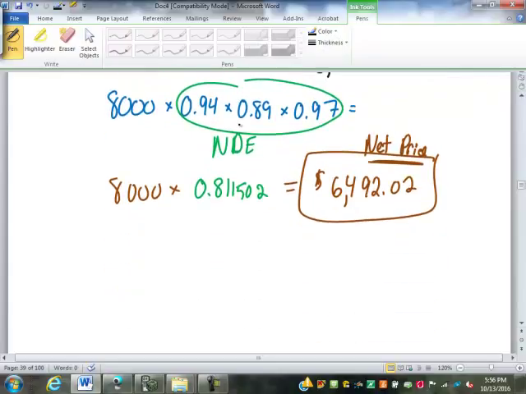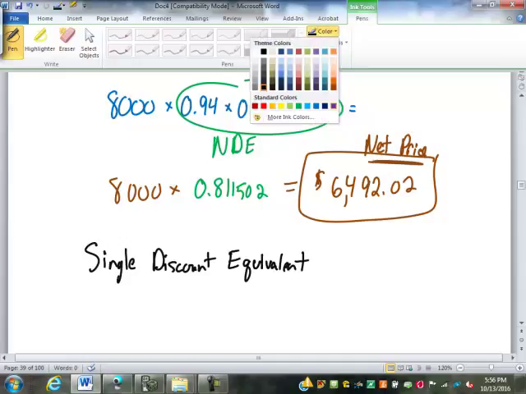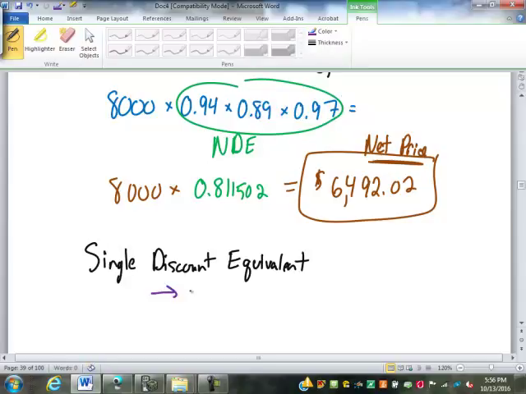So we've talked about that net decimal equivalent. There's also a single discount. I hate it when I start to lose my voice. There's also something called a single discount equivalent. I believe that's the term this book uses. It's sometimes called a single equivalent discount rate. What that tells us is that allows us to find the amount of the discount.